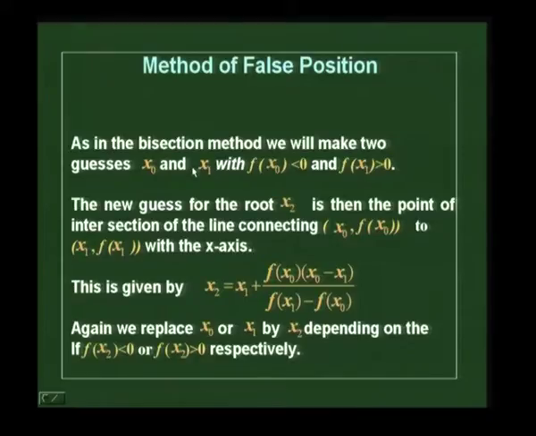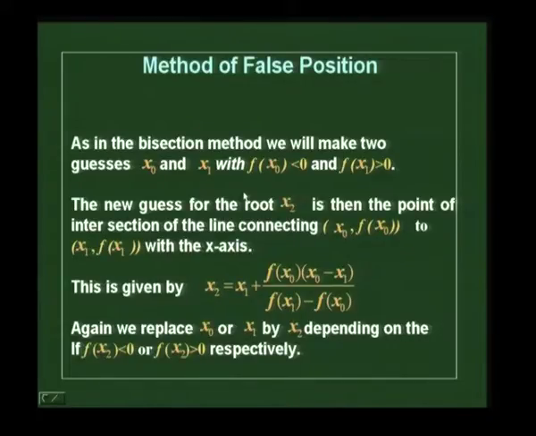But the difference is that from this value of x0 and x1, we will go to a new value x2 and replace one of x0 or x1 depending upon whether f of x2 is positive or negative. So it's the same as the bisection method, it's not very different.